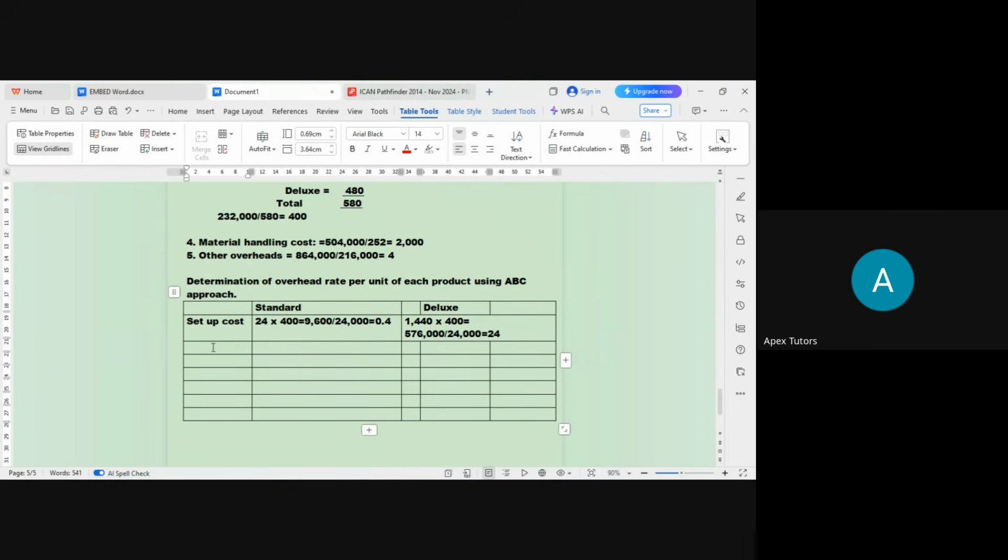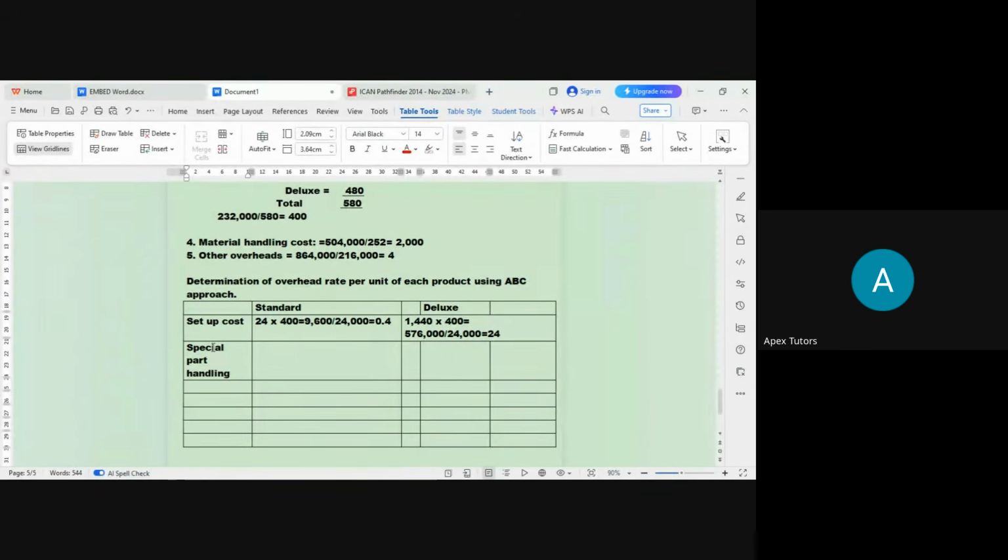So the next is what? Special part handling cost.